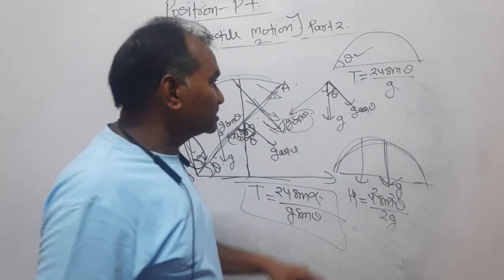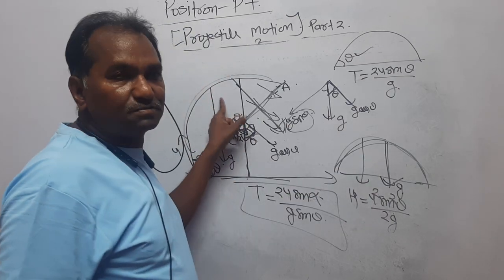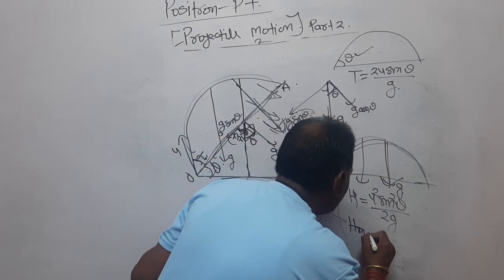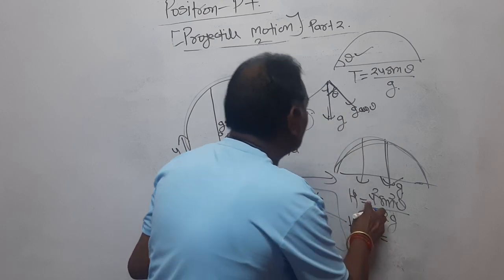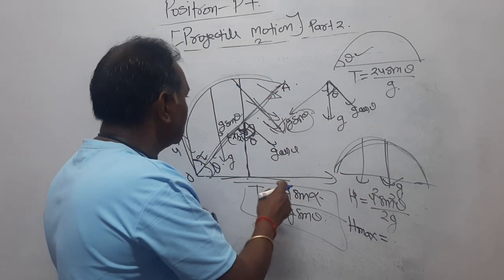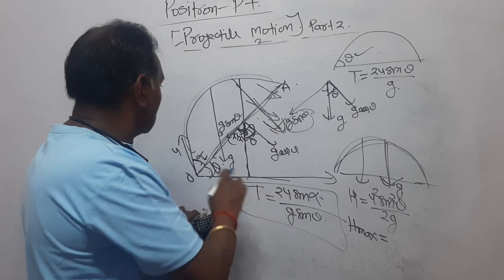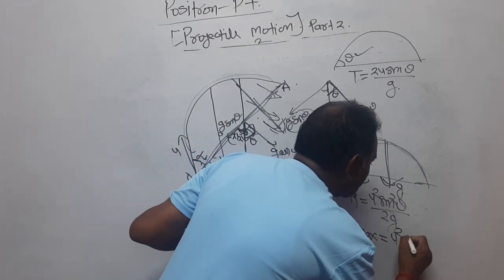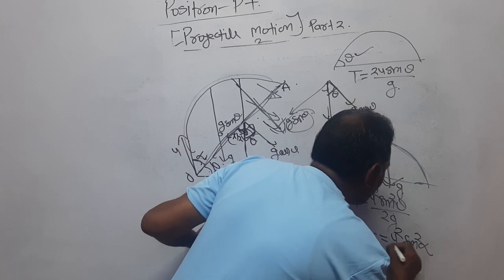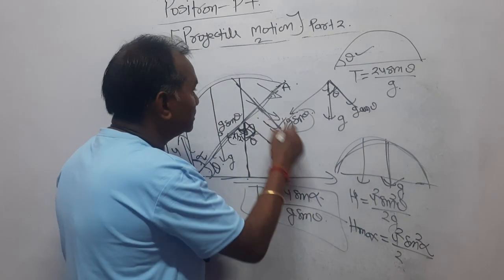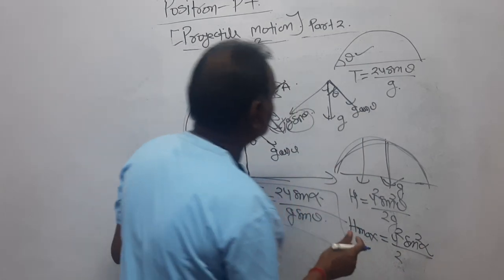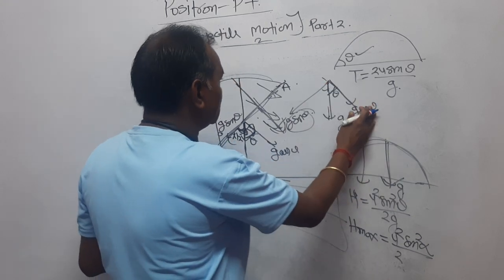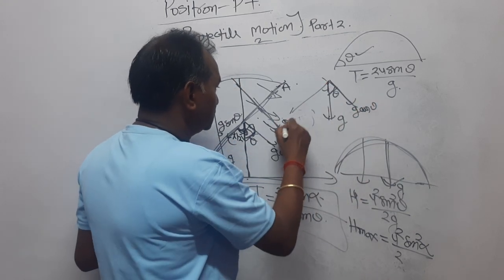How will you transfer this formula to this particular projectile? That is h maximum is equal to u square sine square alpha over 2 g. G is g sine theta. Sorry, this is g cos theta. I'm sorry, it was g cos theta.